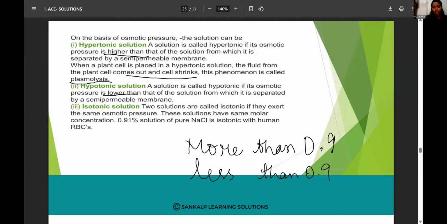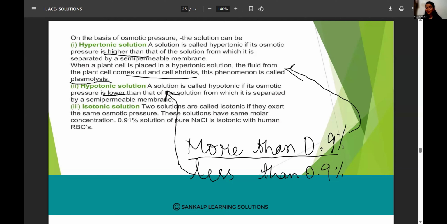What is this? It is concentration, a percentage. Let's say the concentration of a solution is more than 0.9%, then that solution will be hypertonic. Remember this. More than 0.9 means it is hypertonic. Less than 0.9 means it is hypotonic.